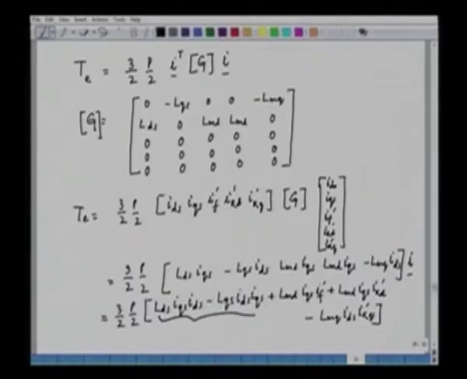So this part we can write in the following fashion: 3 by 2 into P by 2. So the first part is LDS minus LQS into IDS into IQS.